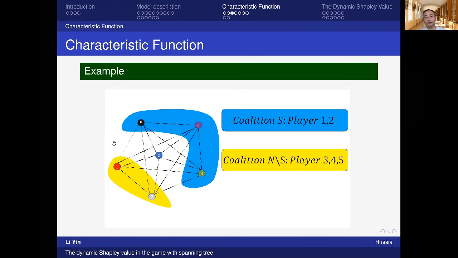So let's consider the characteristic function for coalition S. In minimum cost spanning tree, as various researchers have shown, the characteristic function for coalition S. In this research we have shown that only players in coalition S want to connect to the source, but the coalition N without S, they don't want to connect to the source.